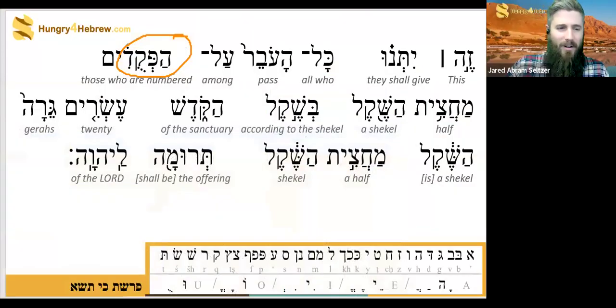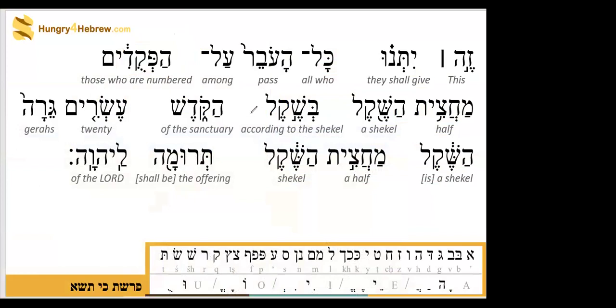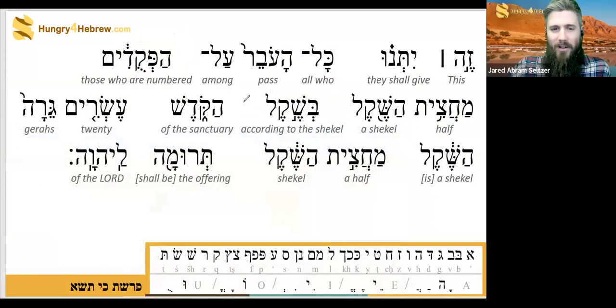I was searching for two Vavs that weren't there. Exactly. Okay. Machatzit hashekel. What is chetzi? Well, it's a split, especially in half. So a machatzit would be a half of shekel.